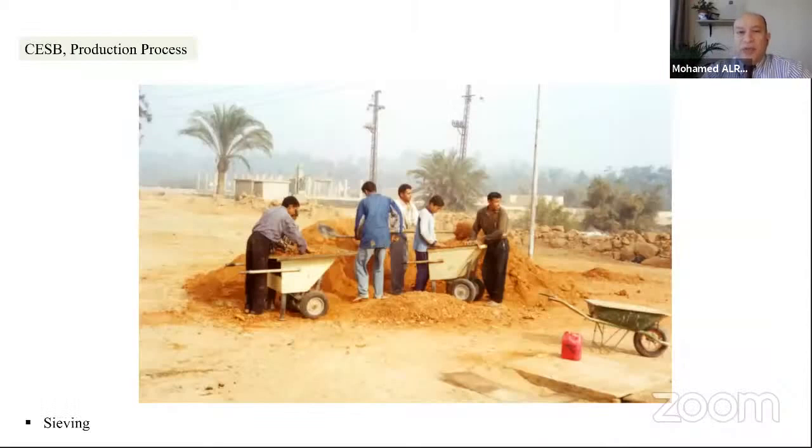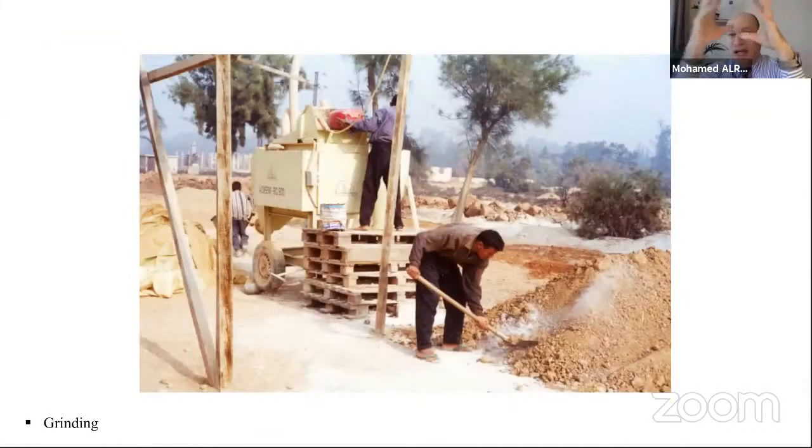Very quickly, I'm going to show you how we could produce the compressed earth block. First, we have the sieving. We have to sieve the soil to reach the optimum grain size distribution I showed you before. And then some lumps need to be crushed and ground.